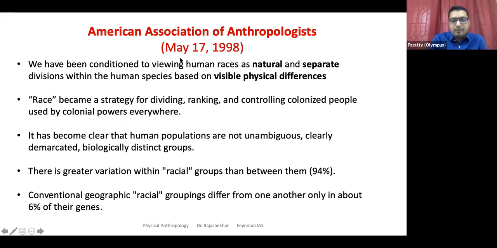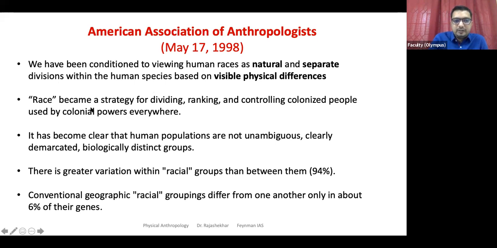They said, we have been conditioned, and most of these concepts we already discussed, to view human races as natural and separate divisions within the human species based on visible differences. So we're all conditioned to think that it is natural and that we all are different, mostly based on appearances.